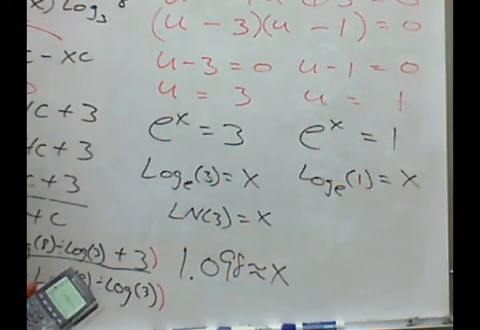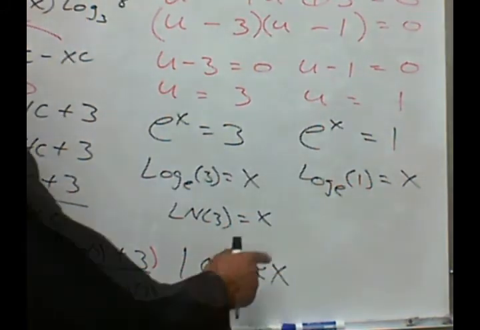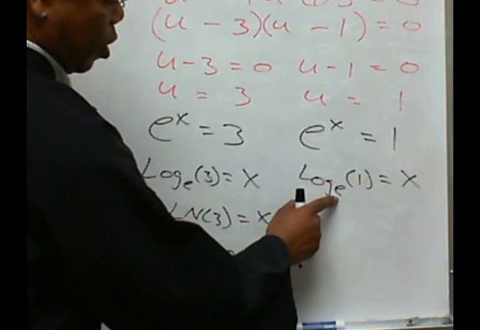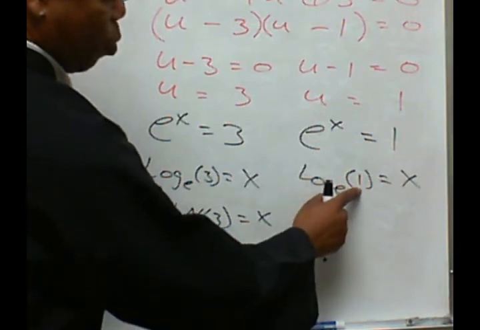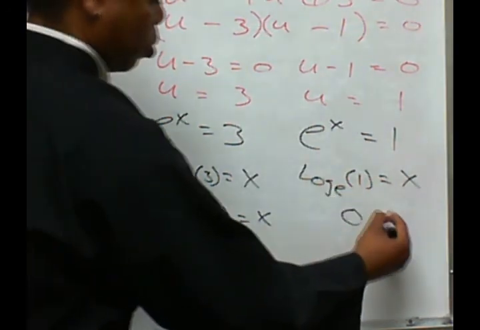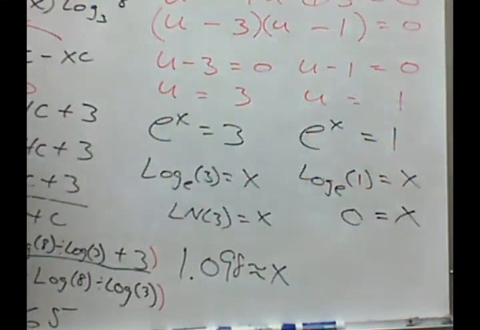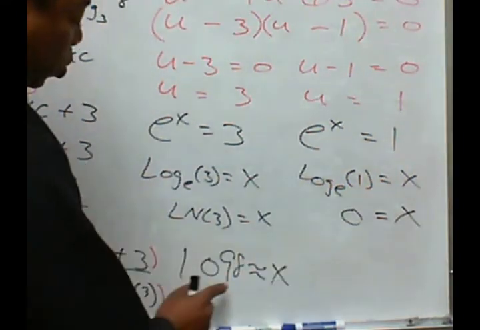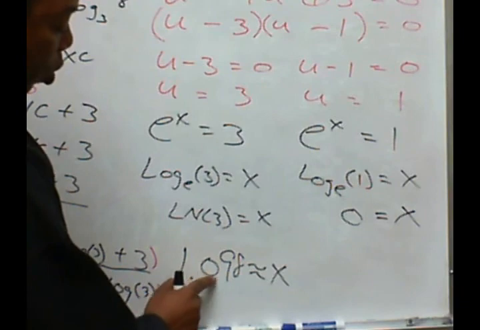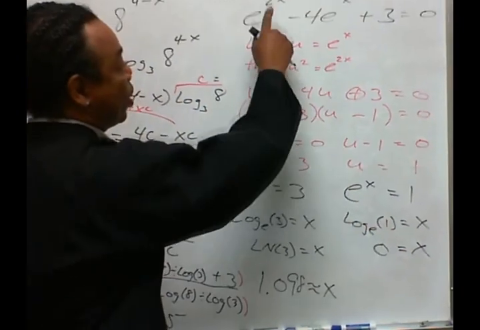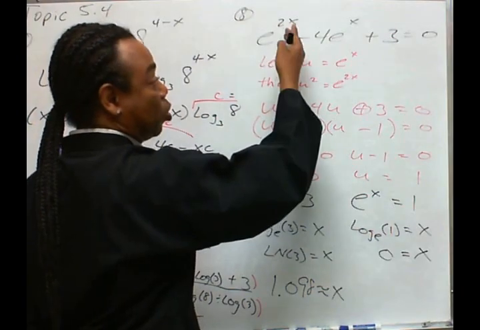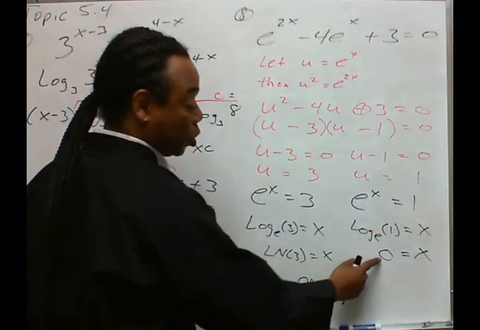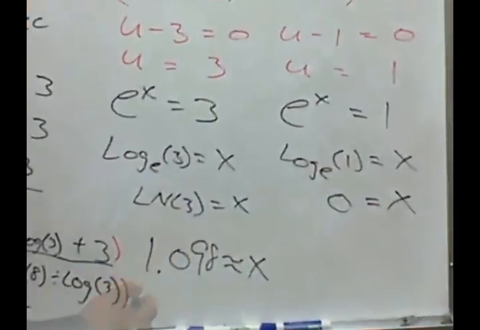The log base e of 1 will always be 0. Okay. And both of these numbers, 1.098 and 0, can be placed in here for x because exponentials have a domain of all real numbers, so they both work. So we have two solutions.